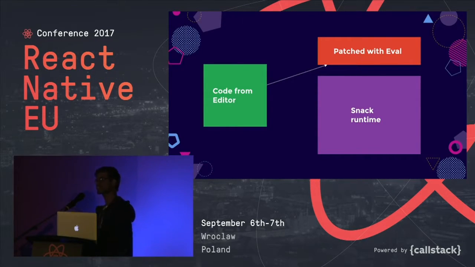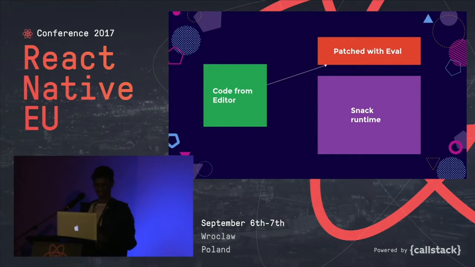So there are two parts in Snack. One is the code editor, and the other one is the Snack runtime. So the code editor, I showed you the screenshots. And there is the Snack runtime, which is a React Native app running inside Expo. How many of you know Expo? A lot of people. Good.